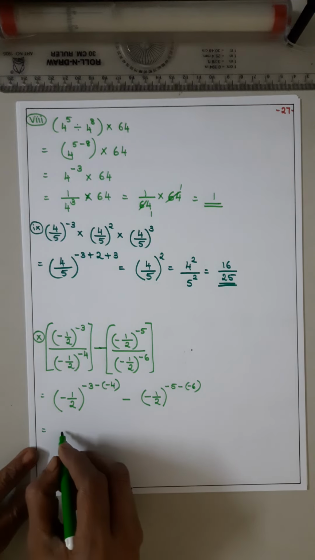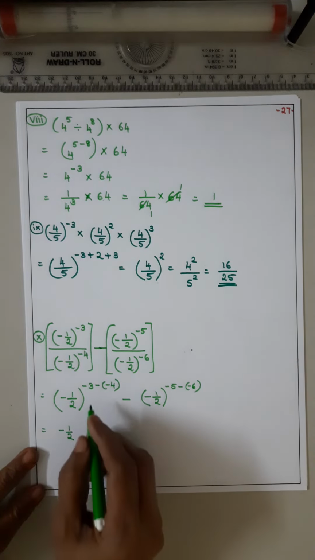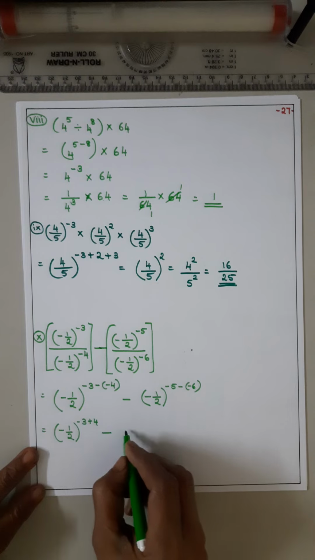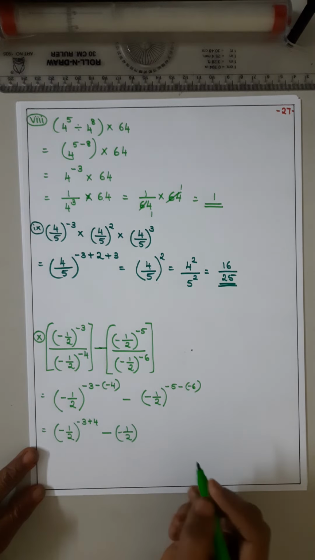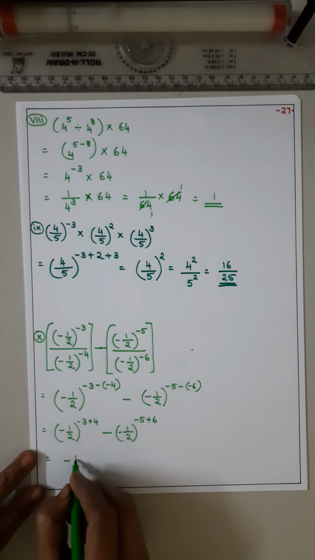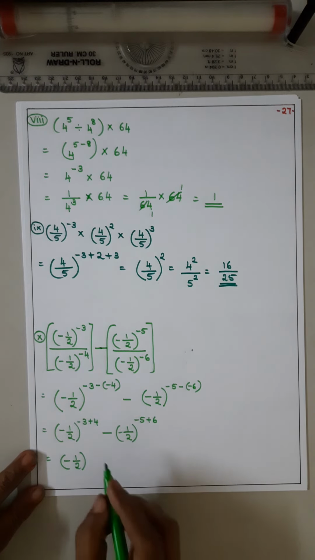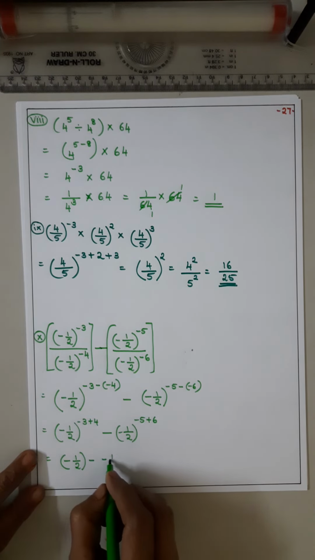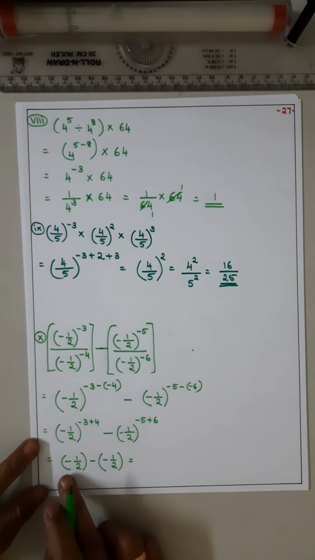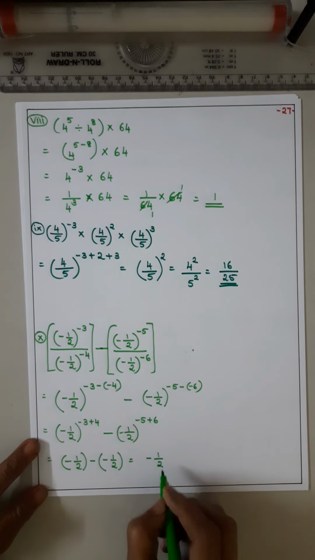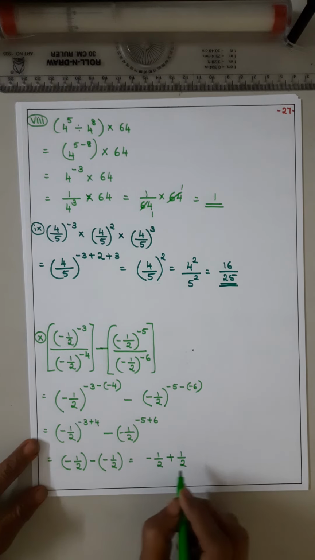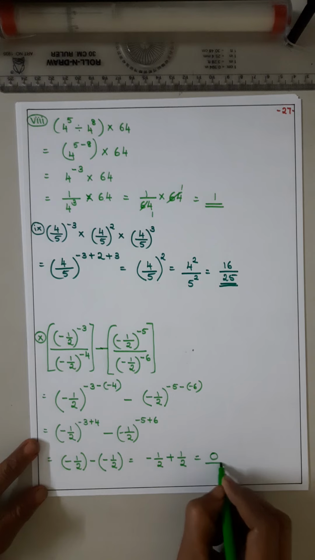It became -1/2, -3 plus 4. Here -1/2, -5 plus 6. That means -1/2 the power 1 minus -1/2. Now -1/2, minus of minus becomes plus 1/2. Plus minus same, then it is what? 0.